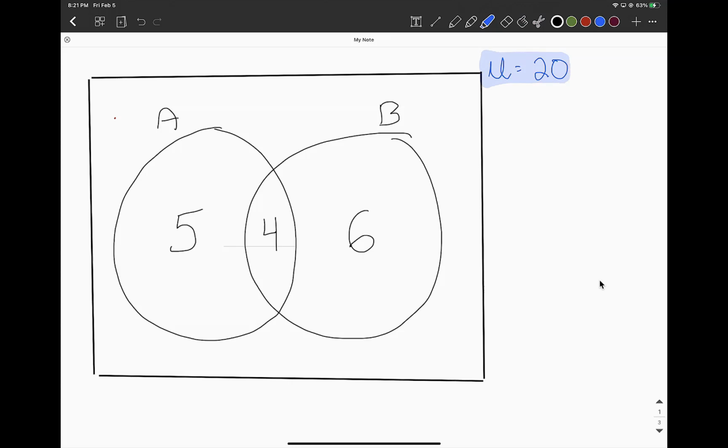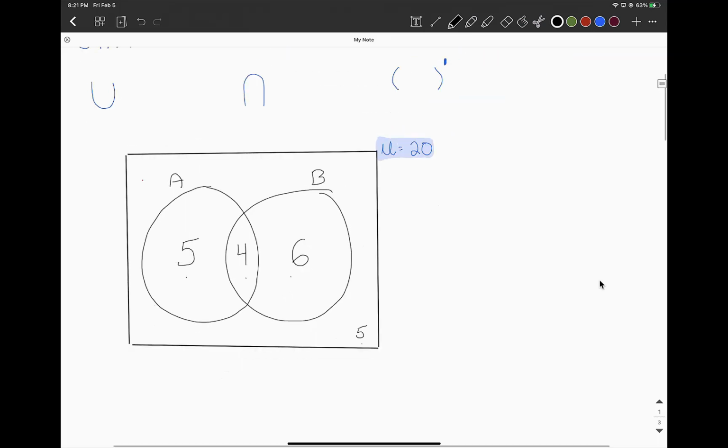Where are those 20 things going to fit? It only looks like I have 15. To build a truly good diagram of a full universe, if any number is being omitted or assumed, or you have figured it out, we put that number on the outside just to emphasize.